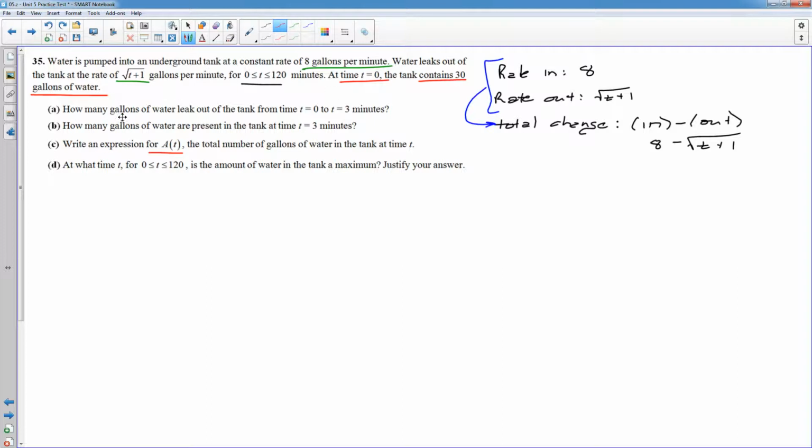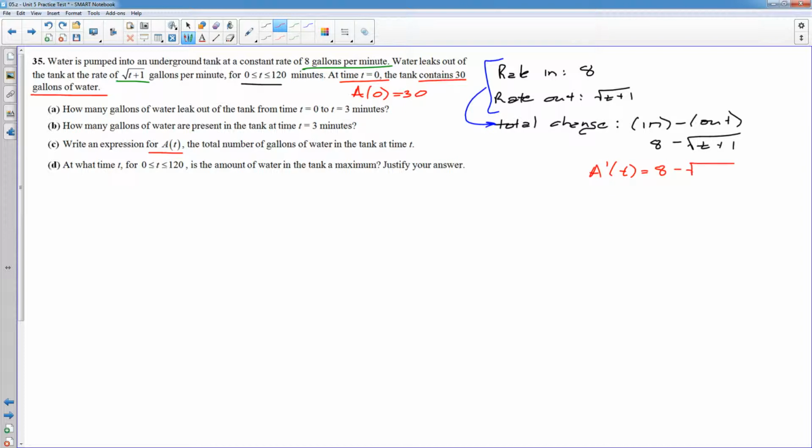So this initial condition, since they have defined the function A, they're saying here that my amount at time 0 is 30. And if A is the total number of gallons of water in the tank, then this total change function is the rate of change of the total amount. So that 8 minus root t plus 1 is actually the derivative of A.